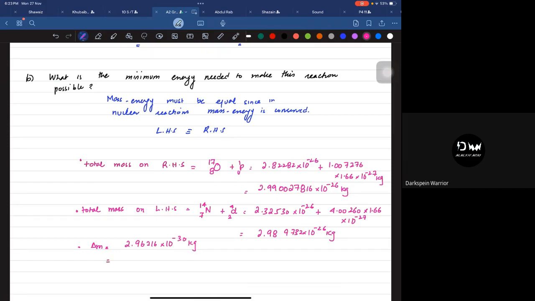Yeah, and then if you divide this by 1.66 times 10 raised to minus 27 kilograms, you get the answer in U.